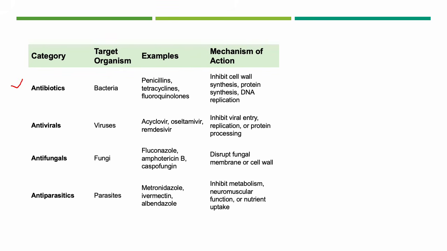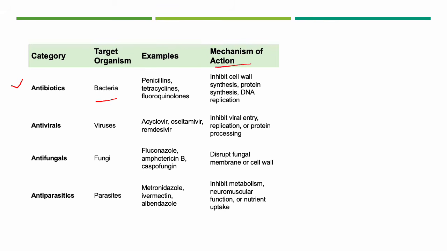So let's start with antibiotics. These target bacteria. So antibiotics are drugs that inhibit bacterial growth, and we call these bacteriostatic, or kill bacteria. We call these bactericidal, by targeting essential bacterial processes.